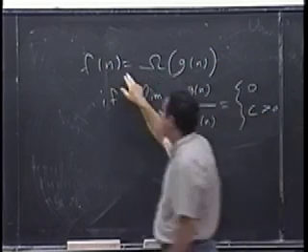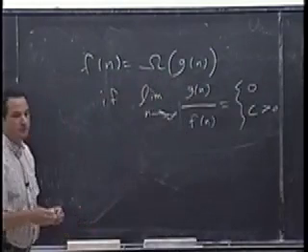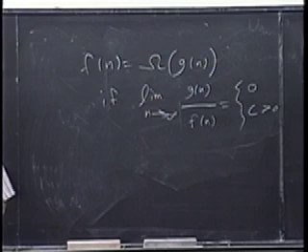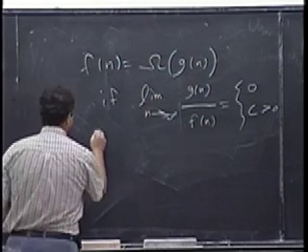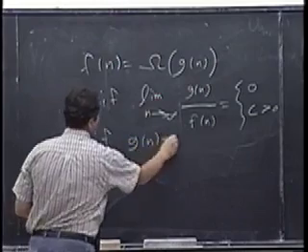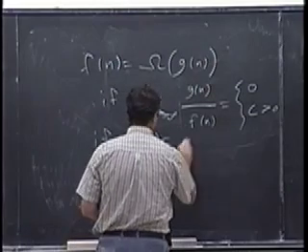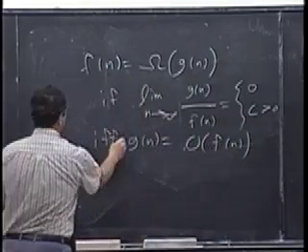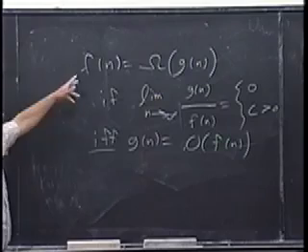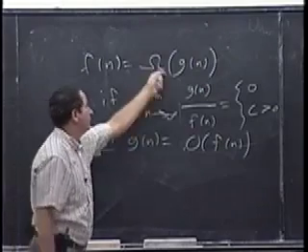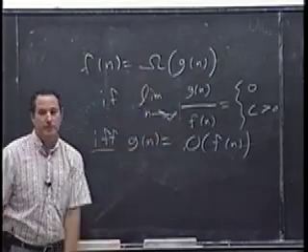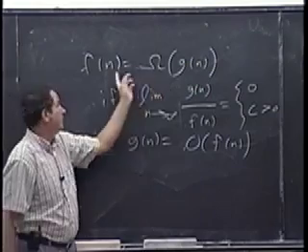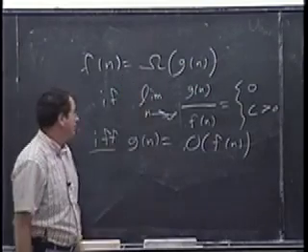Now, can somebody tell me another way of writing this? g of n is big O of f of n. Yeah, this is the reciprocal relationship: g of n is big O of f of n. So these two, big O and omega, it's a matter of convenience which one you use, because we're really talking about a relationship between f and g that could be expressed either way.